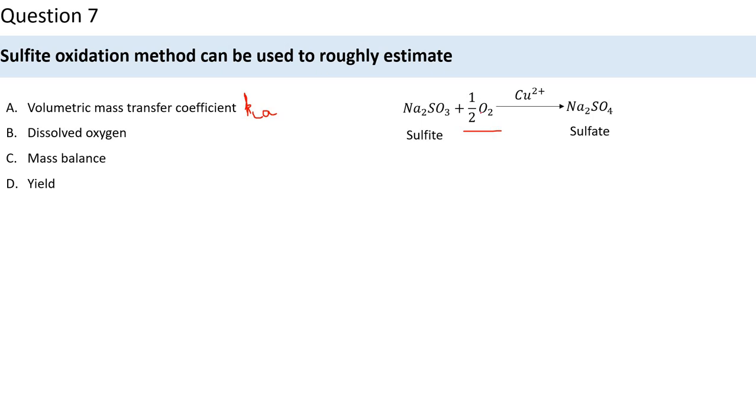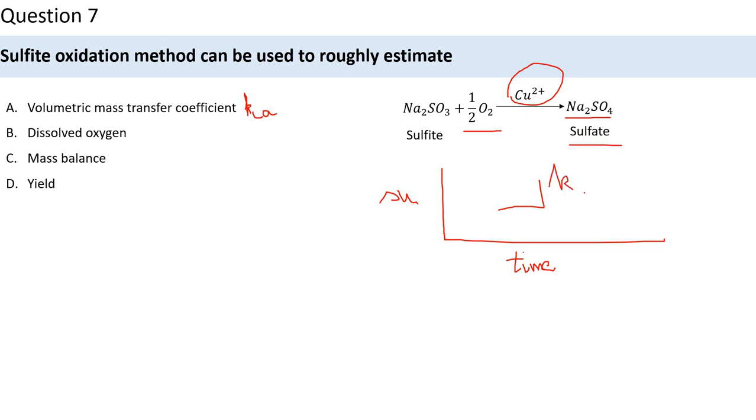The dissolved oxygen present in the broth will react with the sulfite in the presence of the copper sulfate that you have already mixed along with your sodium sulfite. This will produce sodium sulfate. By plotting the sulfite concentration versus time, from the slope of the curve you will be able to find the KLA.